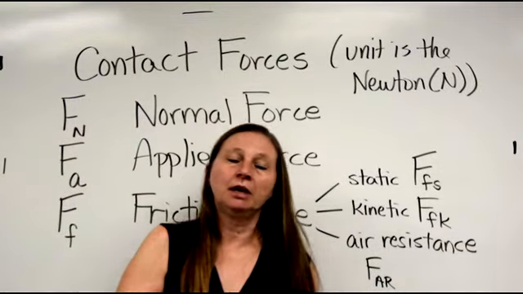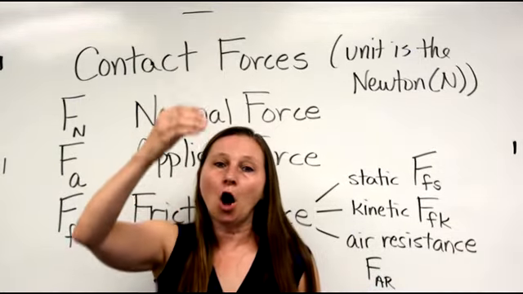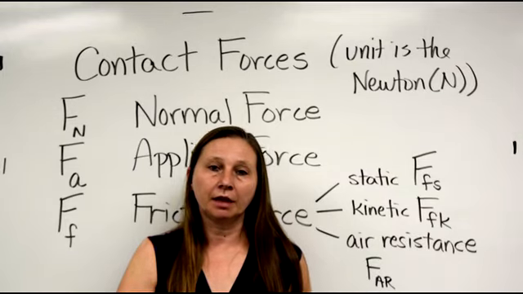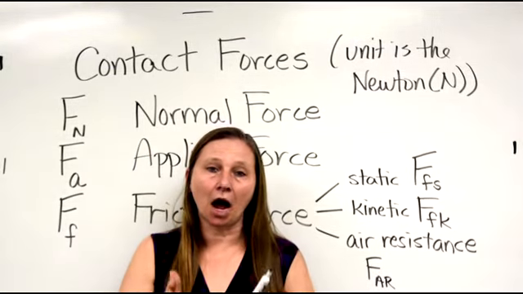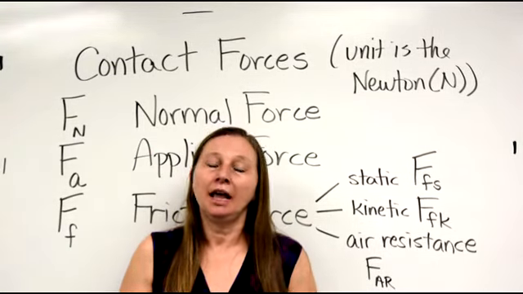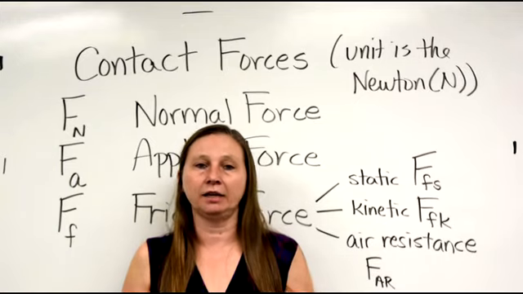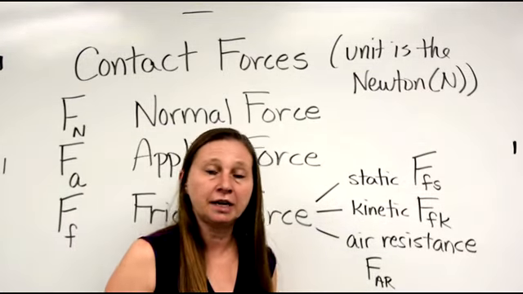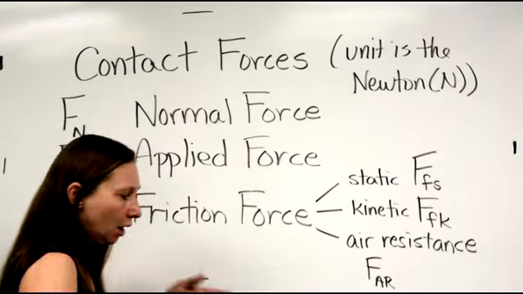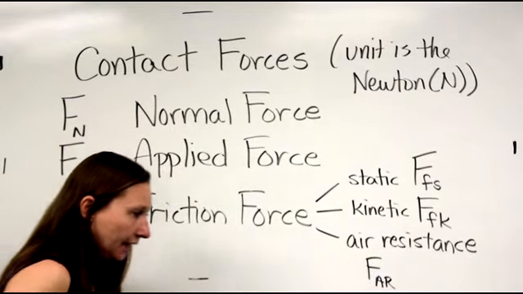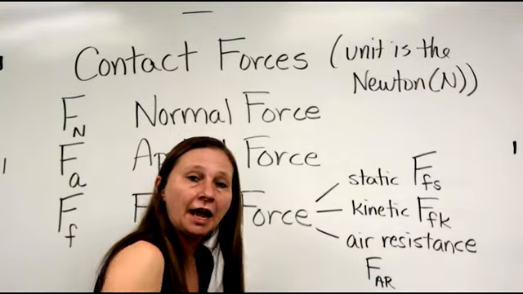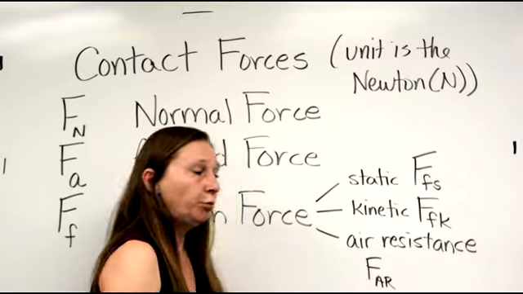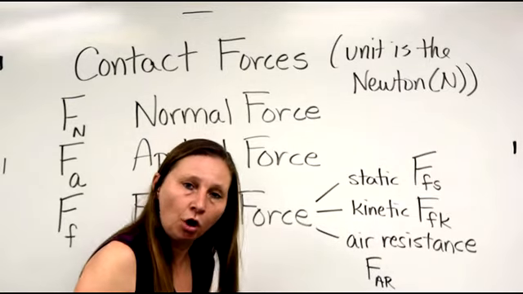Air resistance, let's say an object is falling through the sky. It's passing by, rubbing up against air molecules on the way down. So it's a type of friction, and we call it air resistance. Now, it could also be, for example, a car accelerating, and we know that the air resistance puts drag on the car.